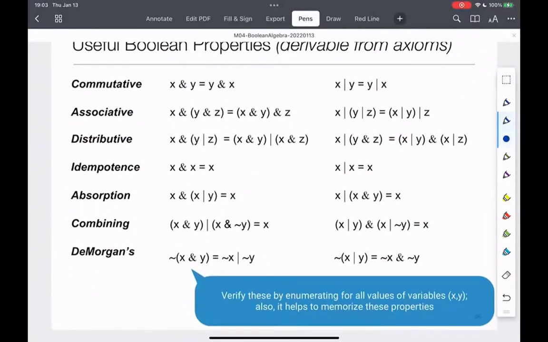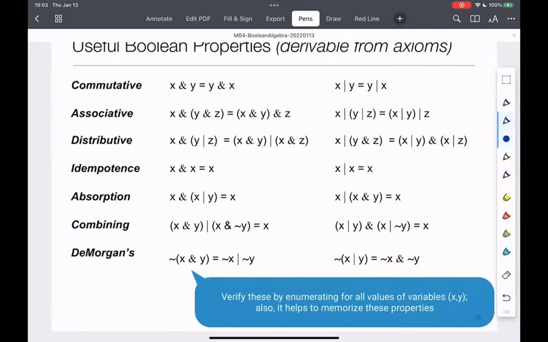Like I said, the brute force way of verifying these is to write down the truth table for the left side and the right side of each equality and verify they are the same. Or you can do it algebraically.